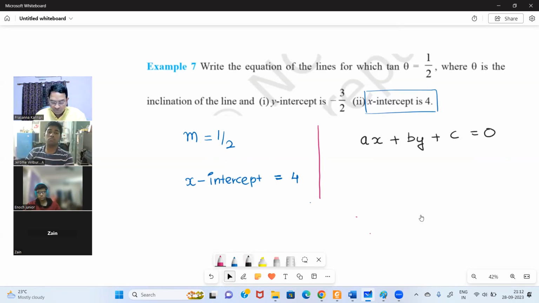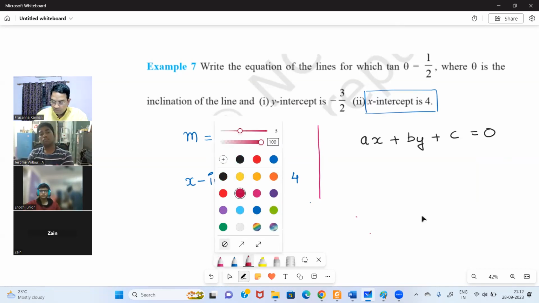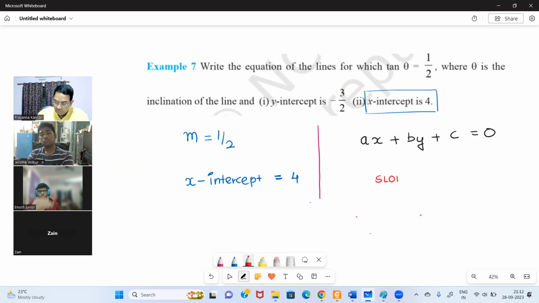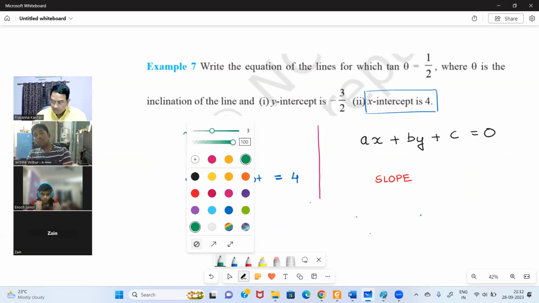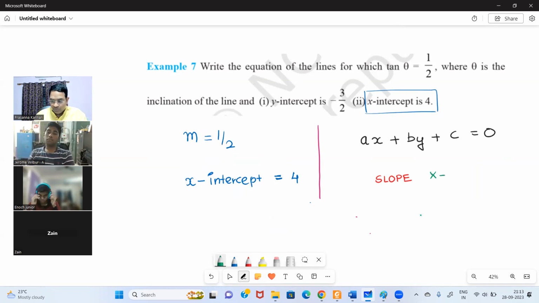What are those 3 pieces of information? First thing that you will get is the slope. The next thing that you will be able to infer from this is the x-intercept.